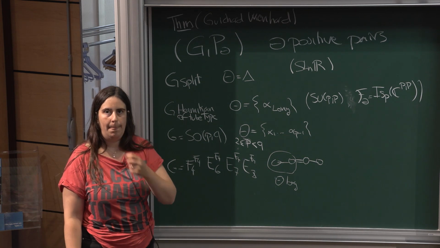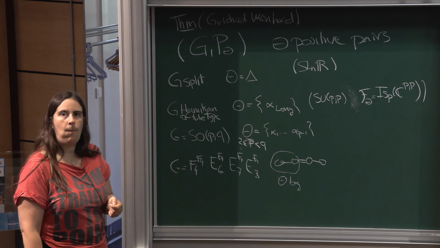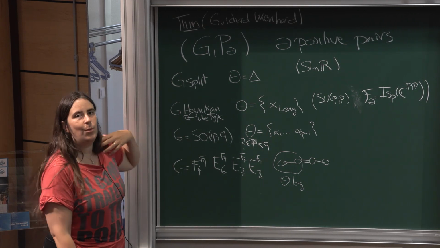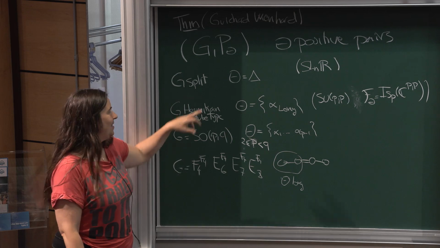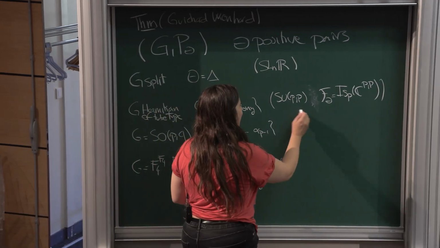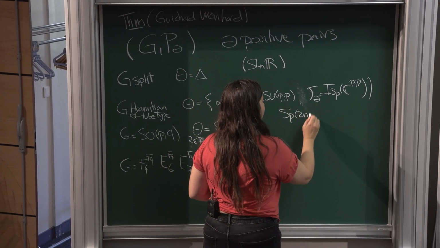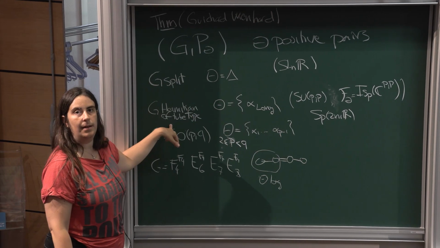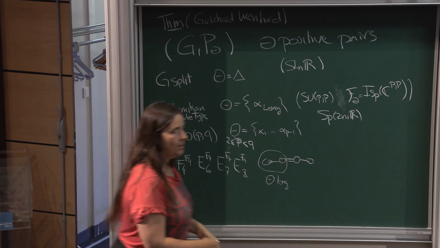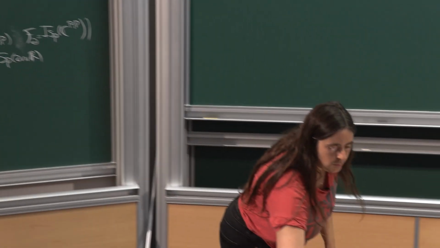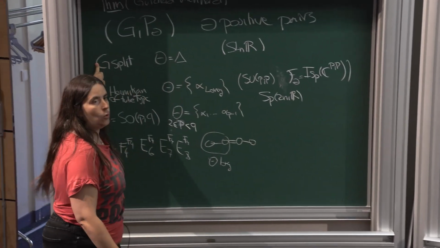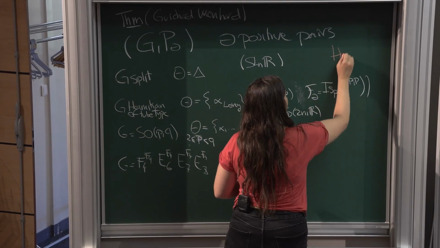But does that give us a different connected component? Yeah. So for example, the one that's very close to my heart is SP, the one that I didn't put up here. So SP2NR. SP2NR is both split and Hermitian. And maybe something that I wanted to mention, maybe a name for those of you who have heard this: the theta positive representations in the case of split groups are called Hitchin representations.